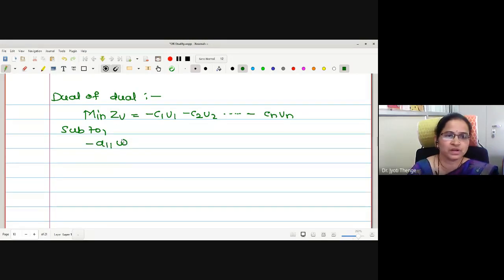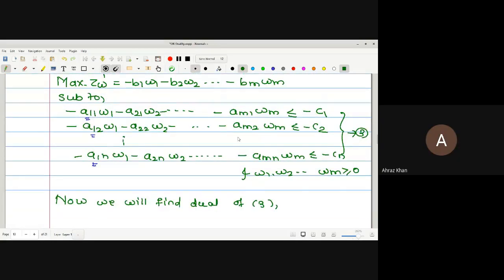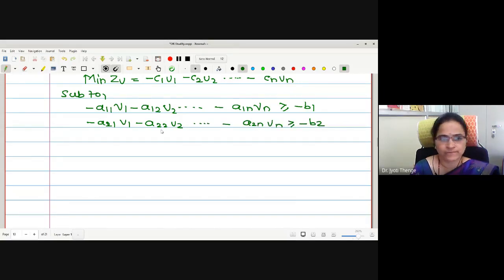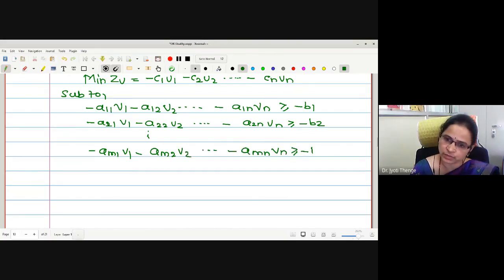A11 v1 minus A12 v2 up to A1n vn is greater equal by minus b1. Continuing up to minus Am1 v1 minus Am2 v2 up to minus Amn vn is greater equal by minus bm, and the variables v1, v2 up to vn are non-negative.